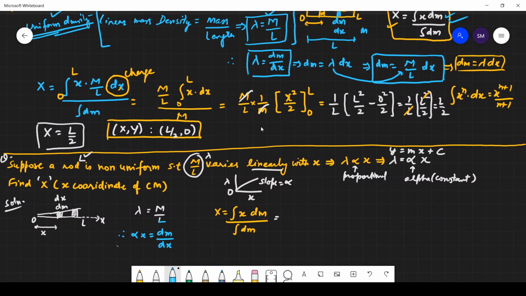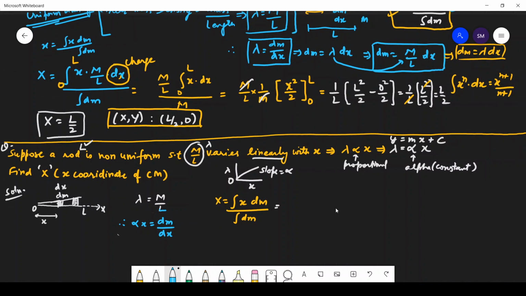You have to put the value of dm only. As you put the value of dm over here, the only change is that now dm equals alpha x into dx. Come on, do it fast.